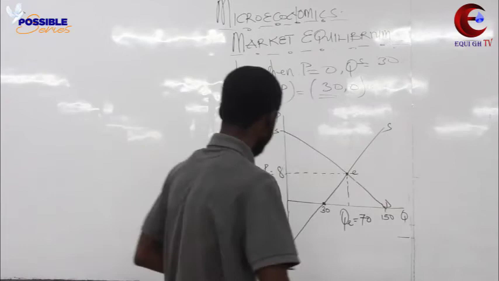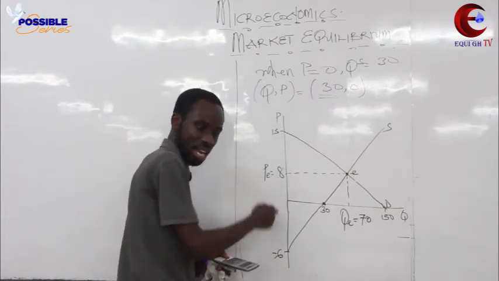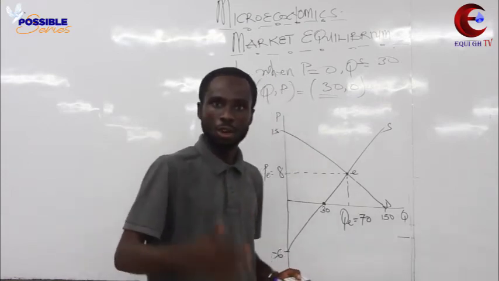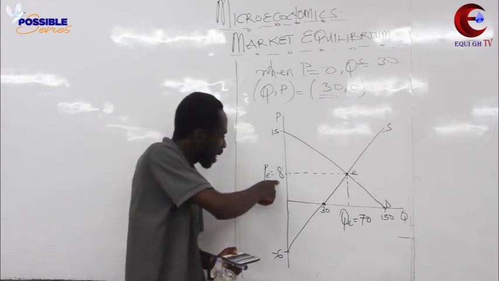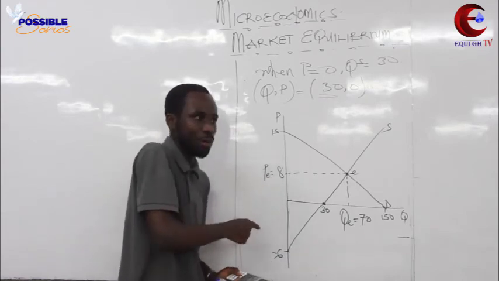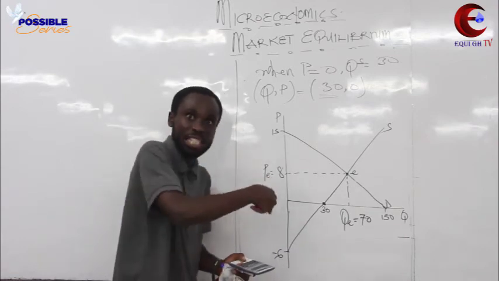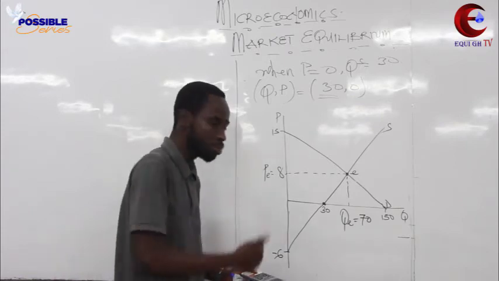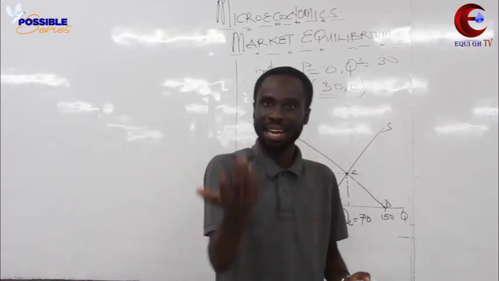As soon as you get your equilibrium of 8 Ghana cedis, and the price legislation is 5 Ghana cedis, you have to know that the price is far lower than the equilibrium price. Even without calculating, you should be able to know that you are going to get a shortage, because the price is lower than the equilibrium price. And the other one, the price is 10 Ghana cedis.